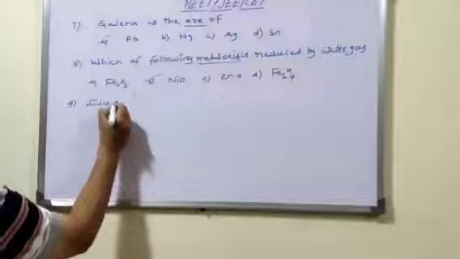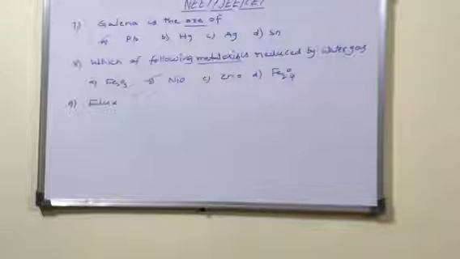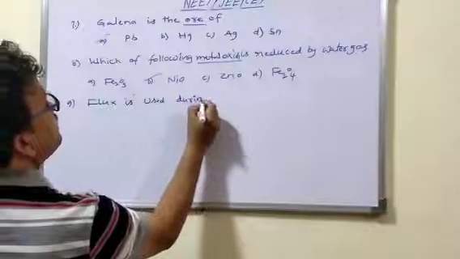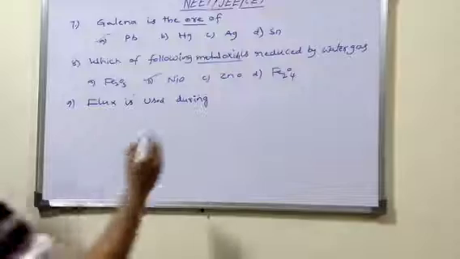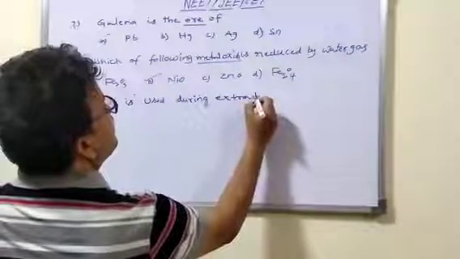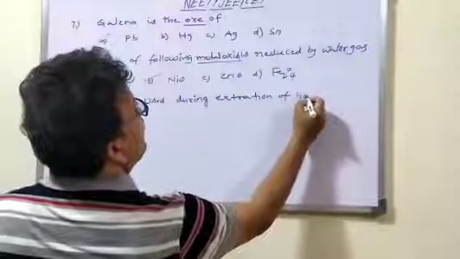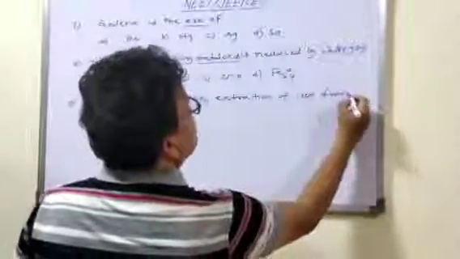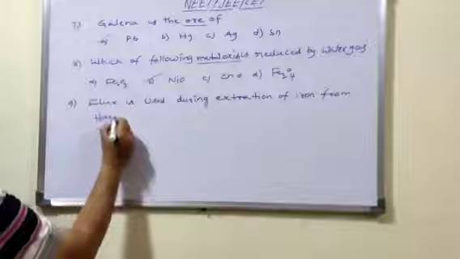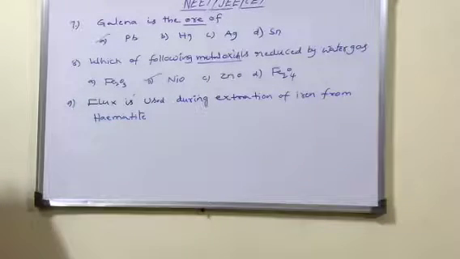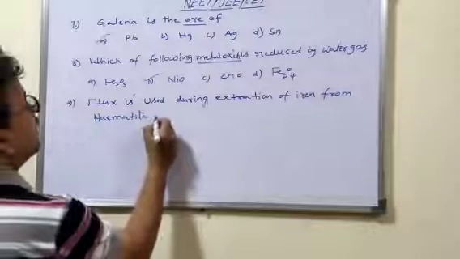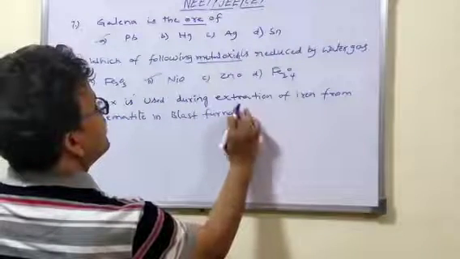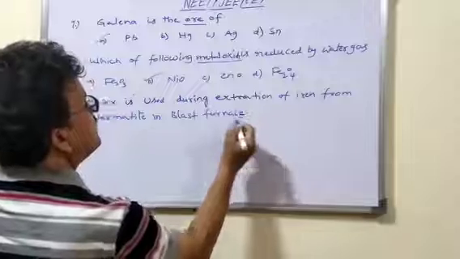Flux is used during extraction of iron from hematite in a blast furnace.